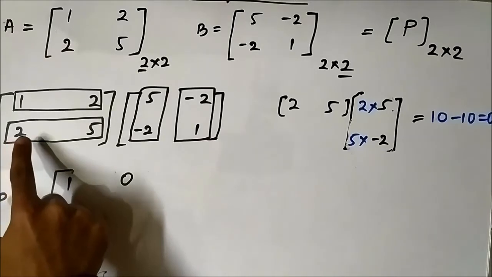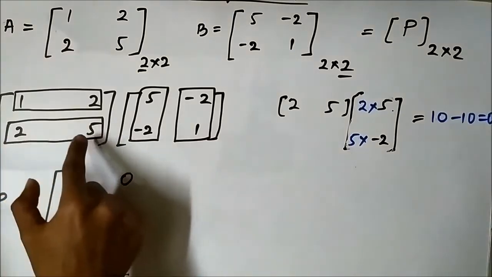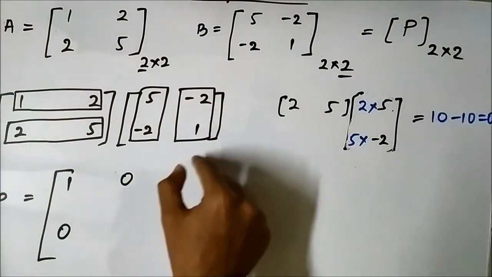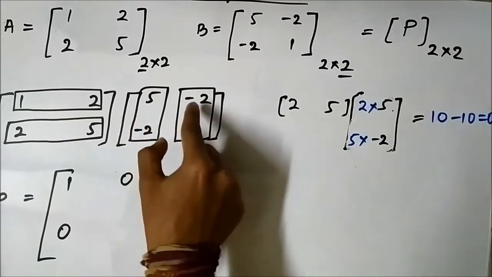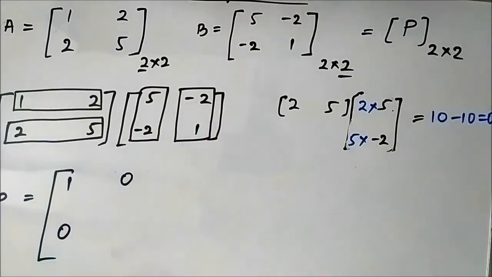Again, this row matrix 2, 5 is multiplied with the second column of the second matrix, minus 2 and 1.